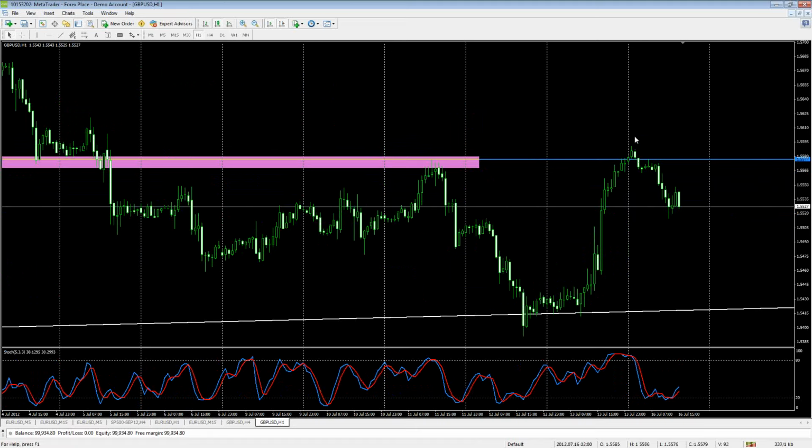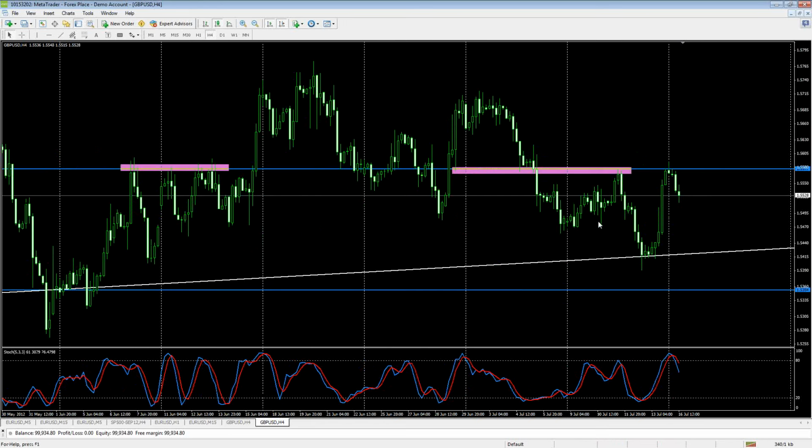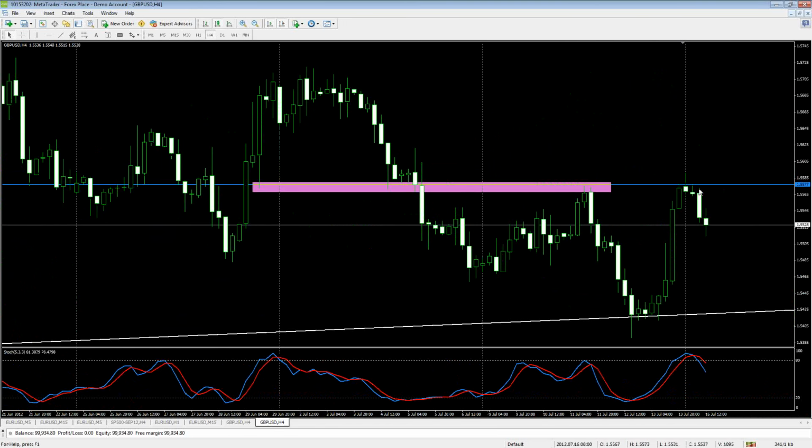So just be aware, you can see here that on the hourly chart it looks like it broke and closed above this level, but eventually on the 4-hour chart all it left behind is a candle wick.